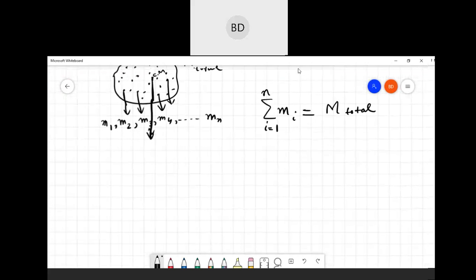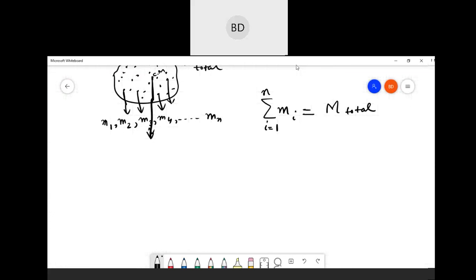Let me draw the free body diagram. Suppose you have a vector like this, m1, another vector like this, m2. This length will determine the amount of mass, suppose m3. Then take the vector sum, and ultimately you will get one resultant vector. The point through which the resultant vector passes will be your center of mass.